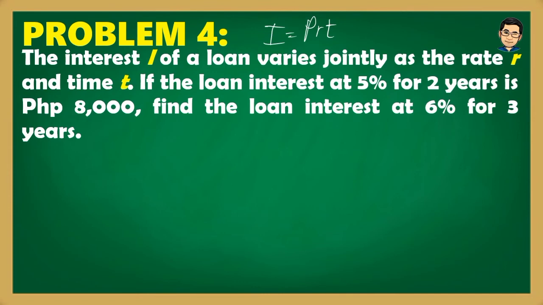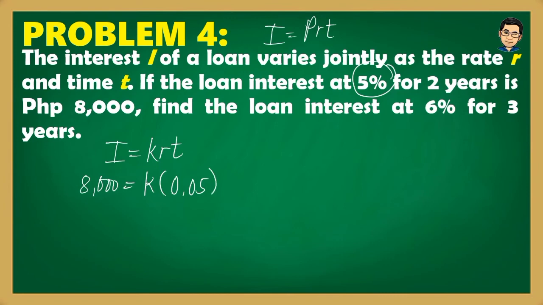So, yung kanyang equation will be I is equal to K, R, T. Now, let's substitute 8,000 pesos as the interest, and then K, and then the rate. So, yung rate natin is 5%. So, ang 5% mo na ito, kailangan po natin i-change into decimals. And that is 0.05. And then, time natin, 2 years.